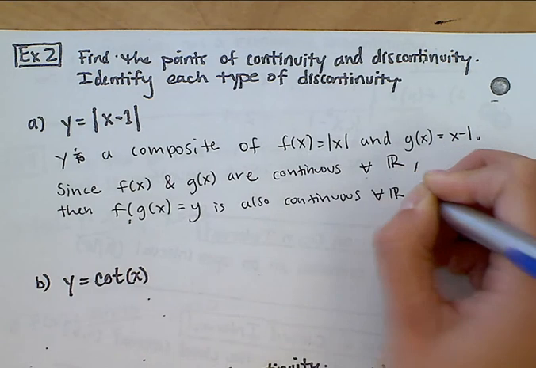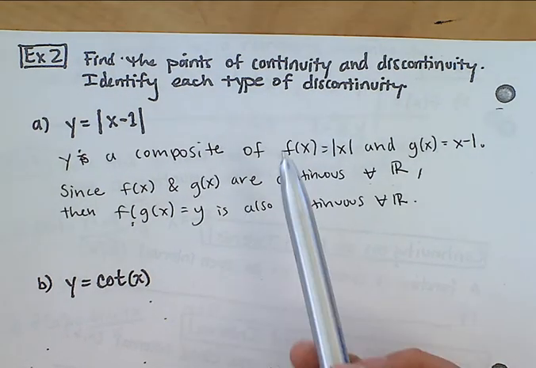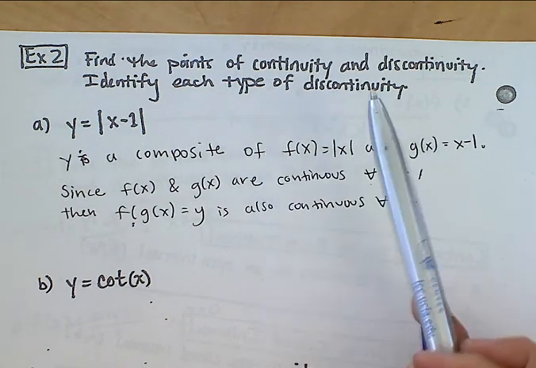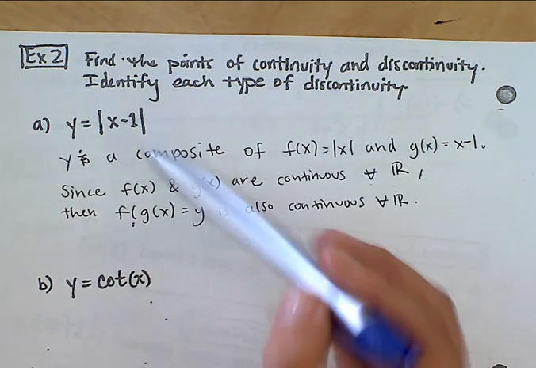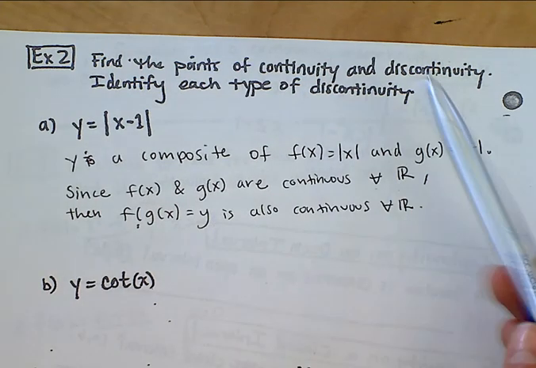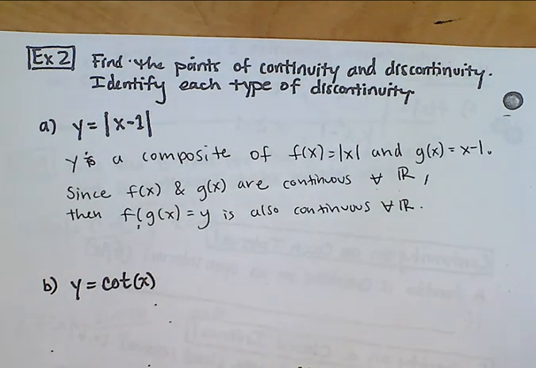Okay. So the directions were to find points of continuity and discontinuity and identify each type of discontinuity. I stated that it's continuous for all real numbers, which means that there are no discontinuities.